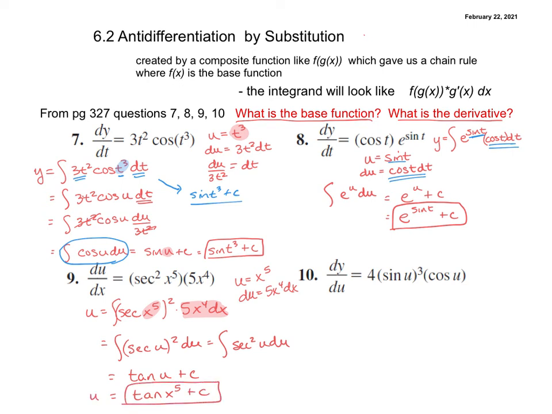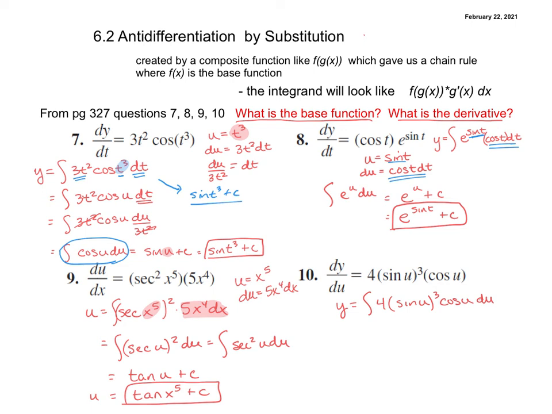That's what u equals. So the next problem, dy du is 4 sine of u quantity cubed times the cosine of u. So that means that y is going to be the integral of 4 sine of u quantity cubed cosine of u du.